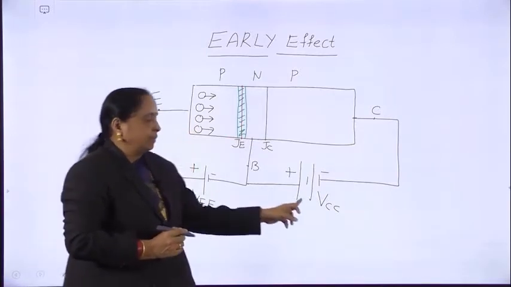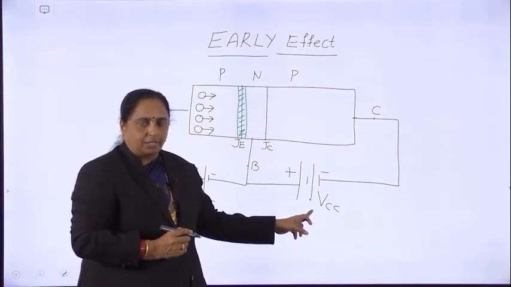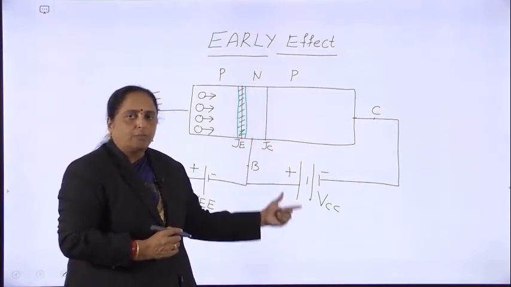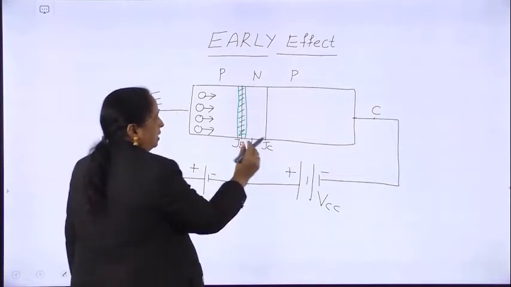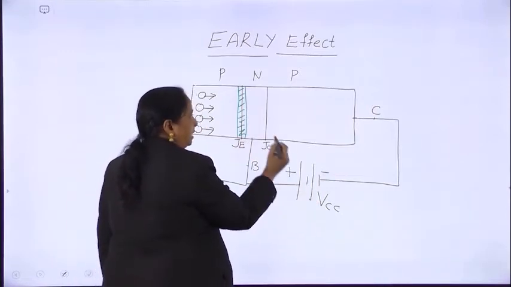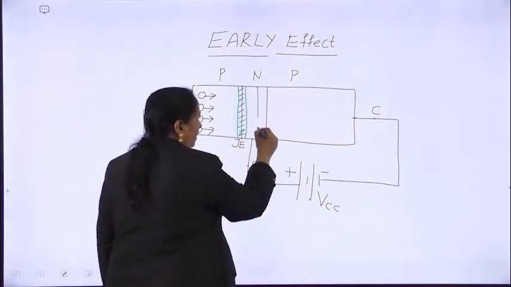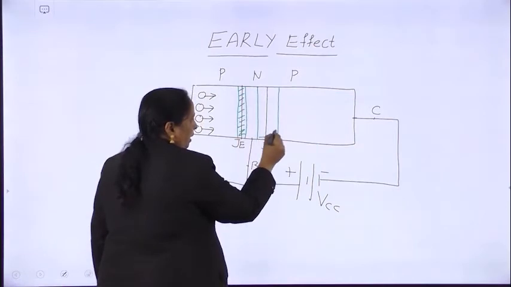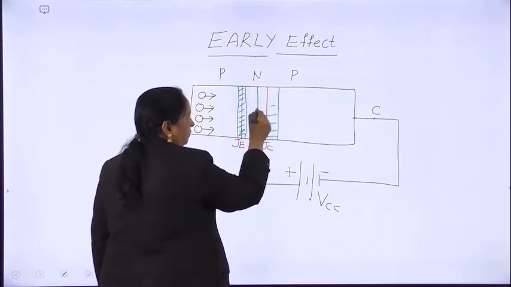At the same time, the collector junction is reverse biased, and you know that the depletion width increases due to the external reverse bias condition. As this reverse voltage increases, the depletion width around this junction increases.